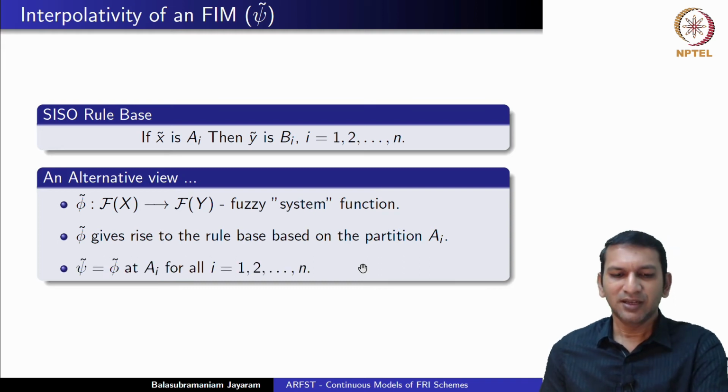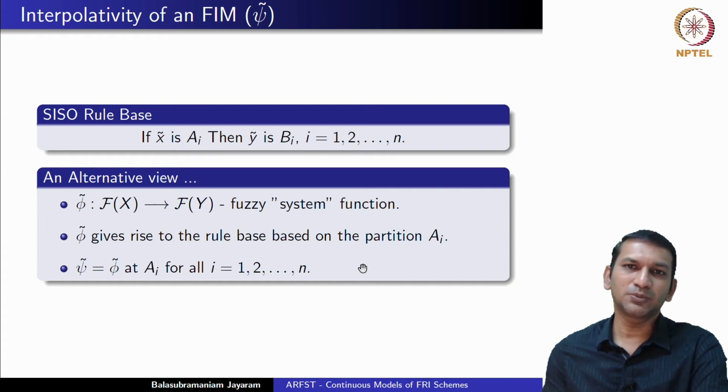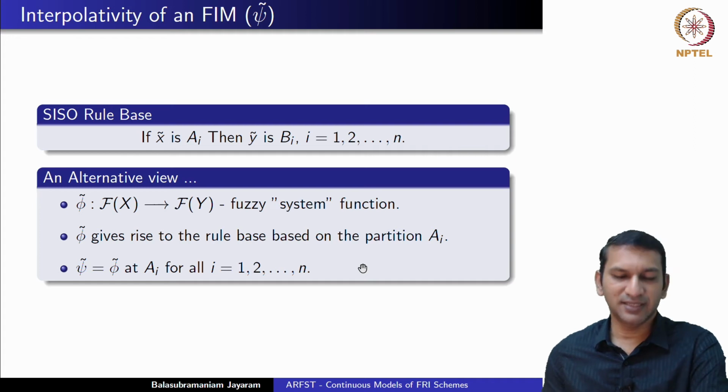In that sense, we saw that interpolativity is finding a fuzzy inference mechanism or system whose corresponding function psi tilde approximates this phi tilde at these A_i, or is equal to this phi tilde at these A_i. That's how we looked at interpolativity of an FIM.